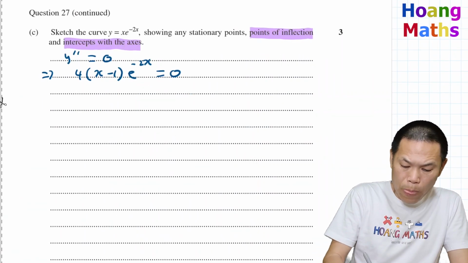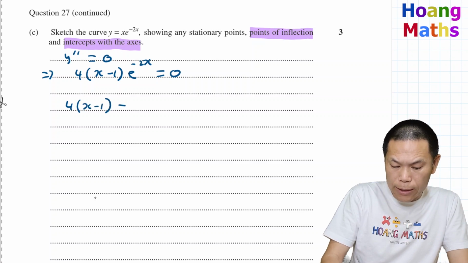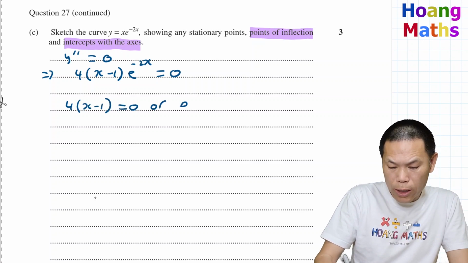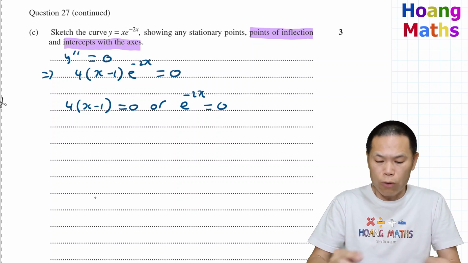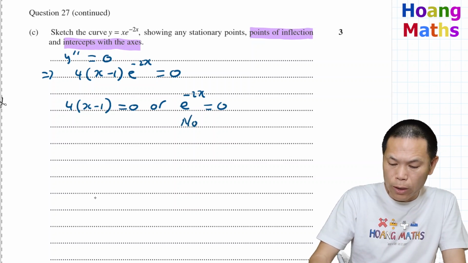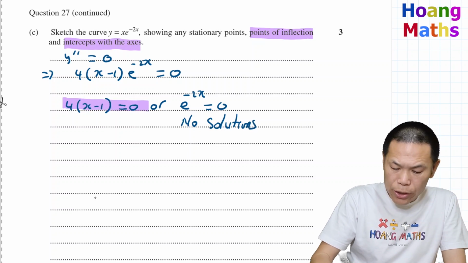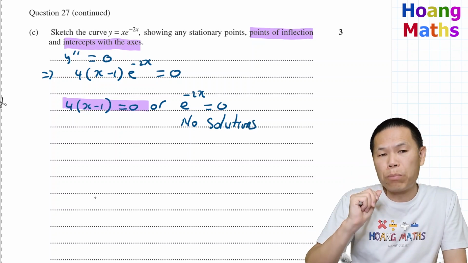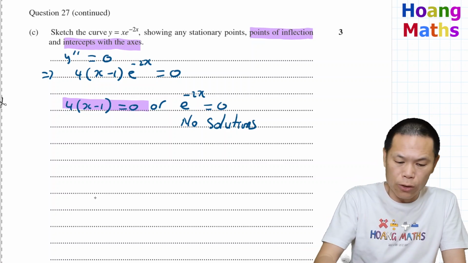So now what we do, we have 4x minus 1 is equal to 0 or e to the negative 2x is equal to 0. And we know that e to the negative 2x is never equal to 0, so no solution for this one here. With this equation here, if I divide by 4 on both sides, x minus 1 is equal to 0, so therefore x is equal to 1.